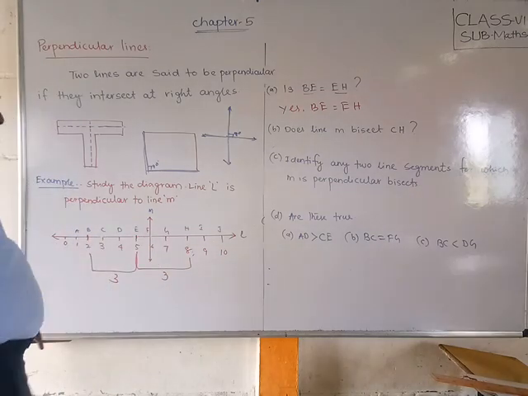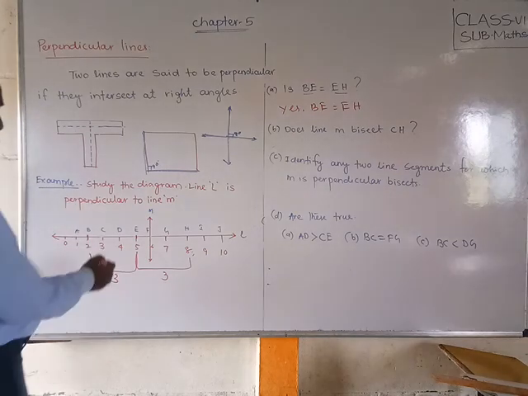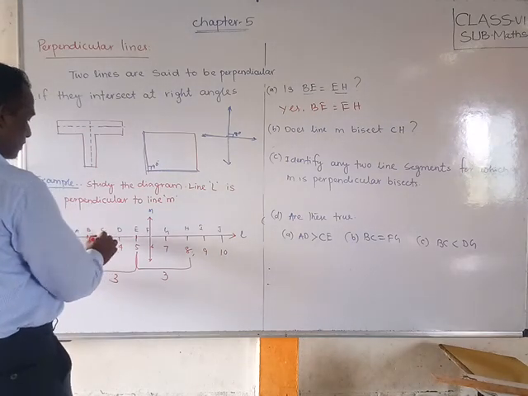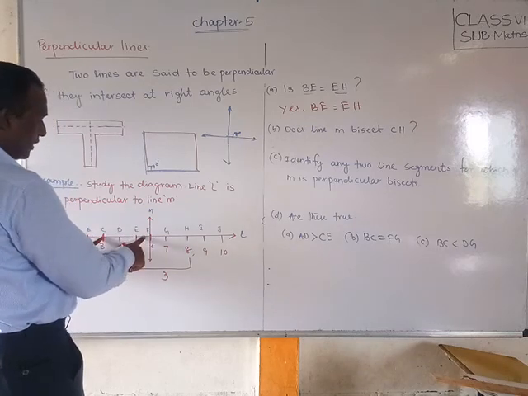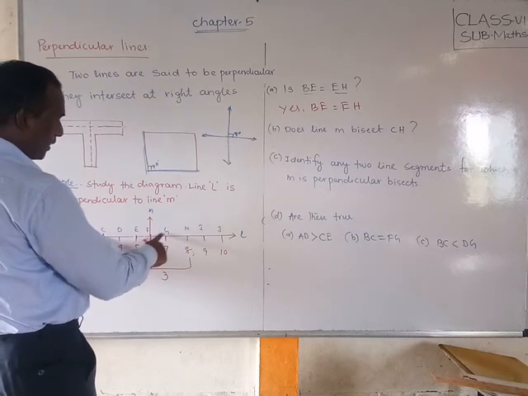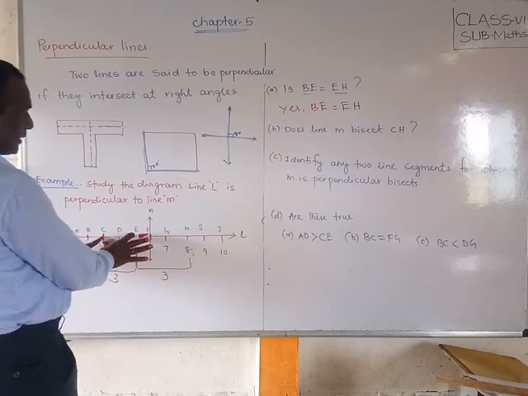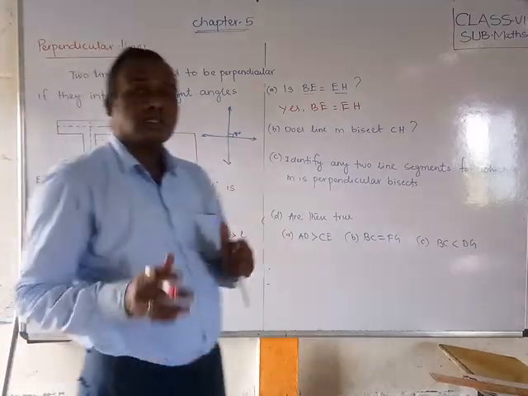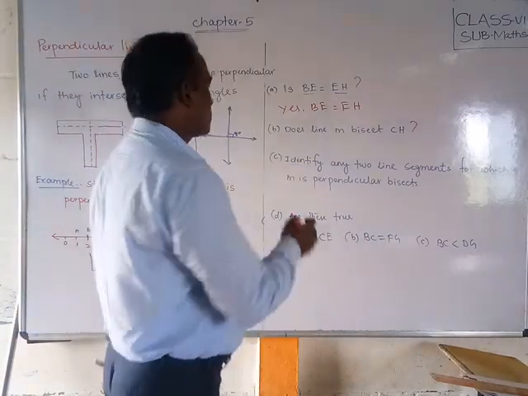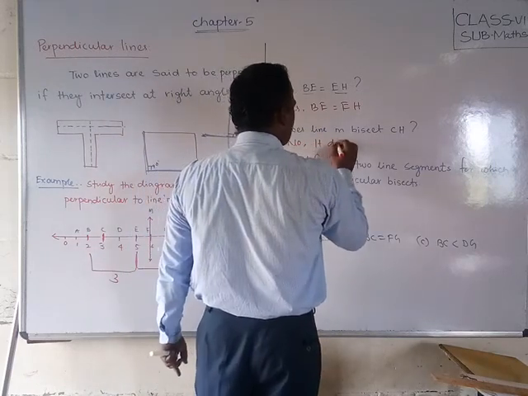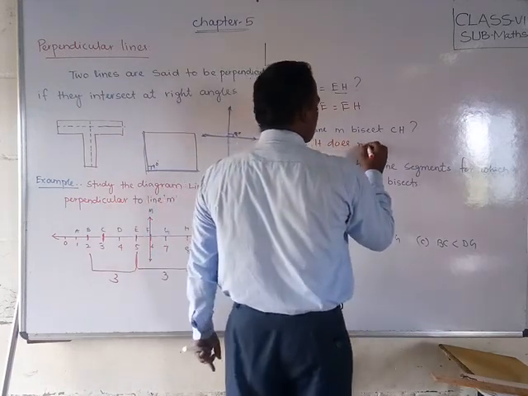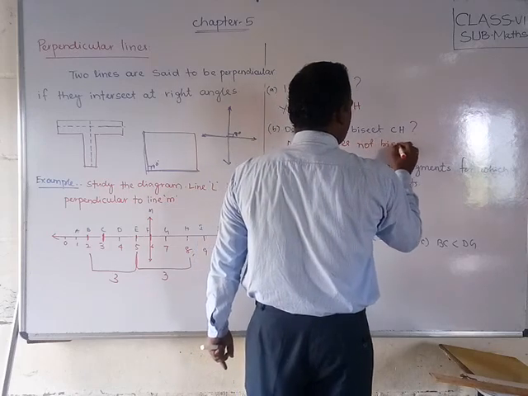So it is not bisected, because equal parts should be on both sides. C to F is 1, 2, 3 and up to H is 1, 2. This is 2 parts and this is 3 parts. So no, it does not bisect.